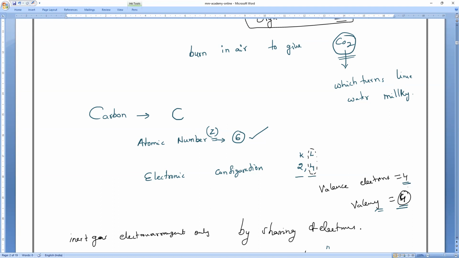It is not possible to remove the 4 electrons to give the inert gas configuration. It is not possible to add 4 electrons because of energy considerations. You will study this in 11th class. A huge amount of energy is required to remove or to add the electrons.